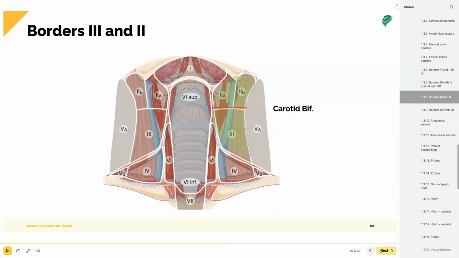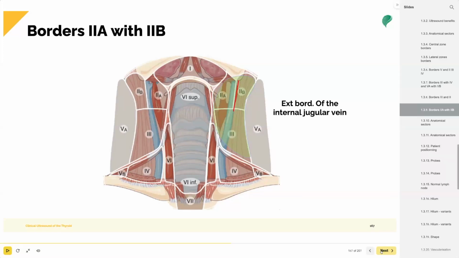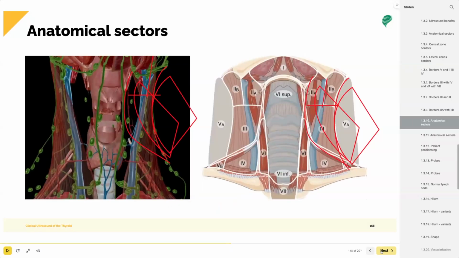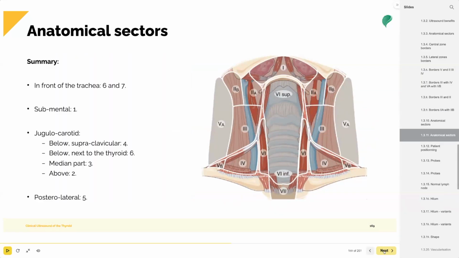You can study this. I do recommend studying this chart on your own in depth. And I usually have a chart with me when I am scanning the thyroid to make sure that I'm correctly locating everything and marking it correctly.